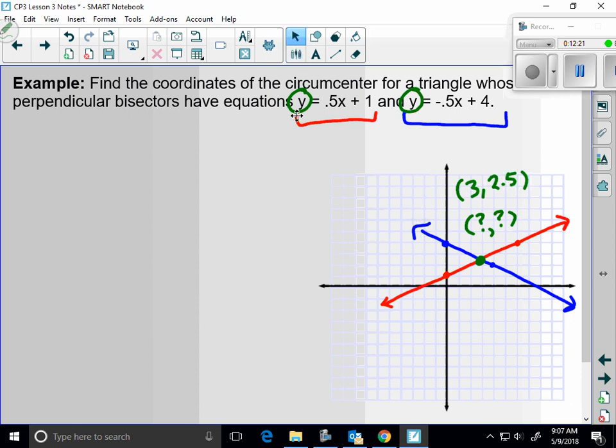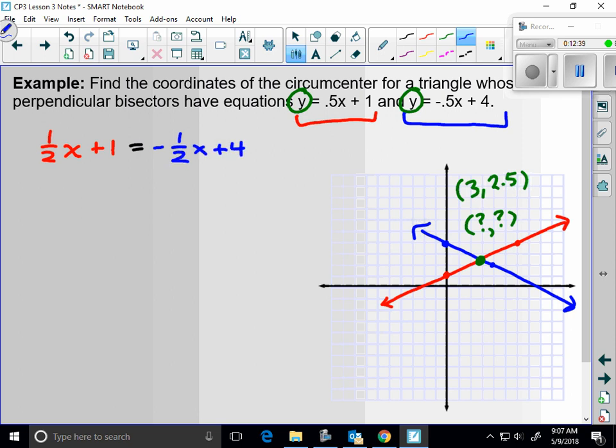Let's do it. Instead of 0.5, I don't like that, that can be looked at as 1/2. I'm going to set it equal to -1/2 x plus 4. And I'm just going to solve for x. So I'm going to add 1/2 x to both sides.